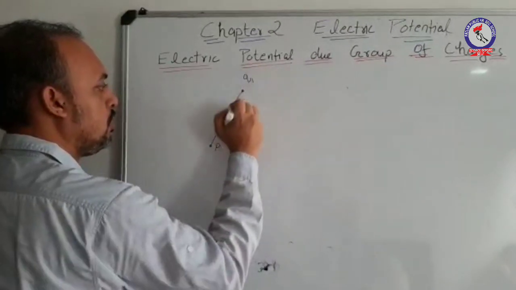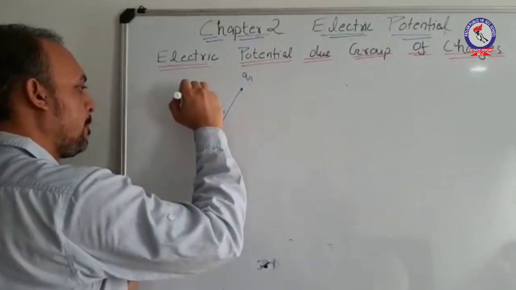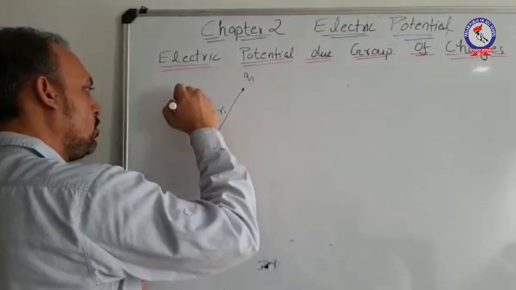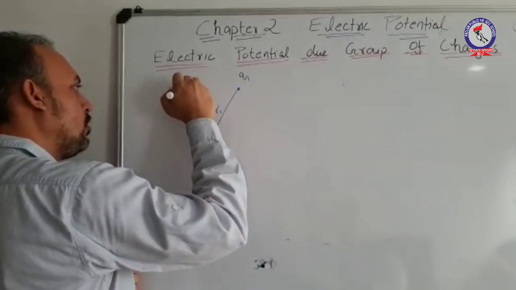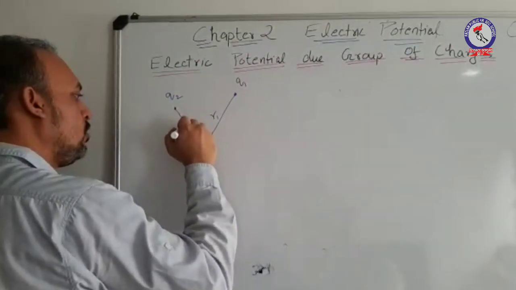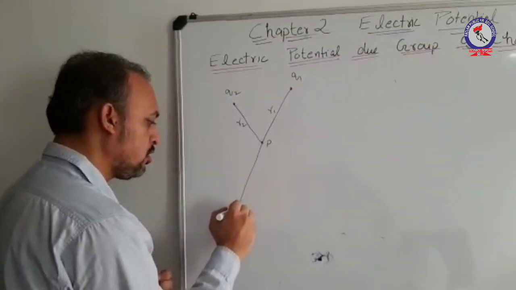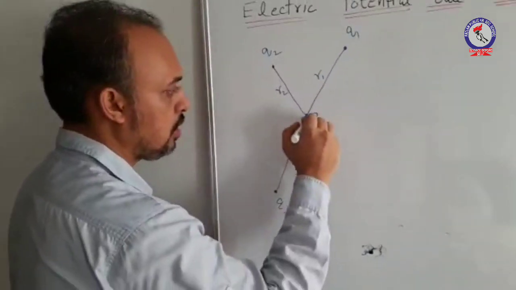Let us suppose charge Q1 is at a distance R1 from P. You have another charge Q2 which is at a distance of R2. Similarly, you have another charge Q3 which is at a distance R3.